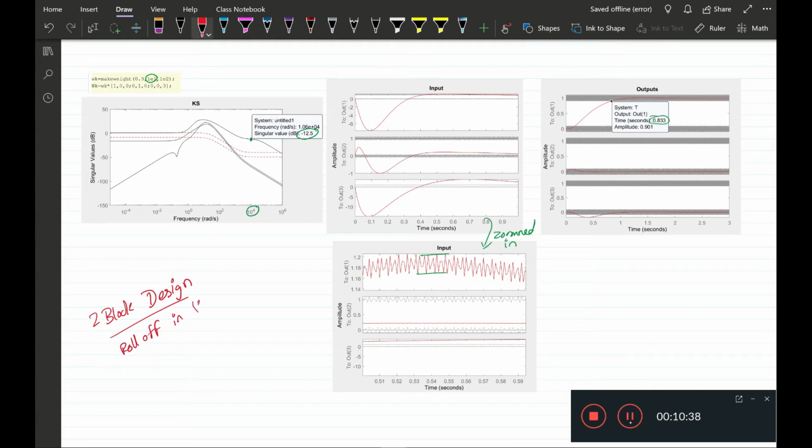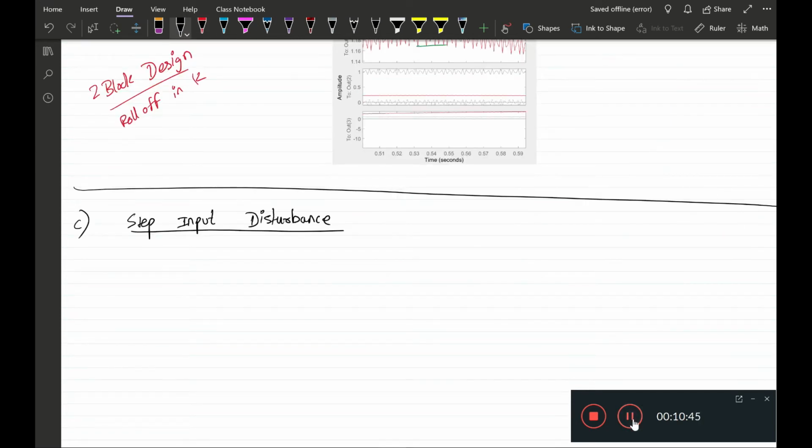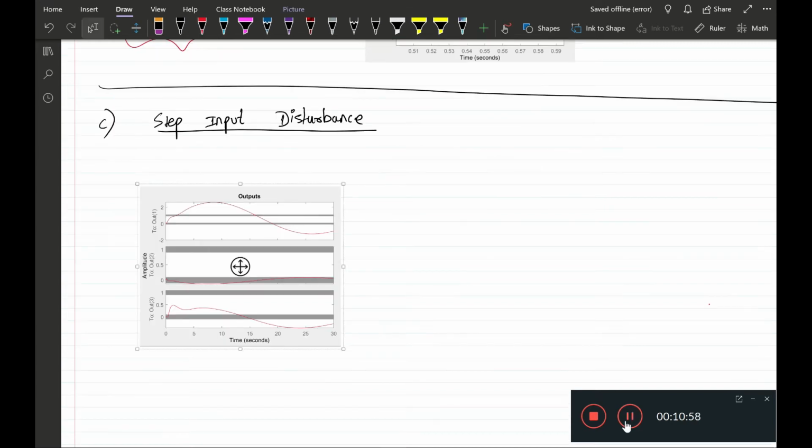And now let's go to part C, where we now bring in input disturbance. As a first step, when we consider step input disturbance, let's take the design that we already had, which is the one here, and just inject an input disturbance to see what happens to the output. This is the response when we have a step input disturbance, and what we see is that we have very large oscillations in the output.